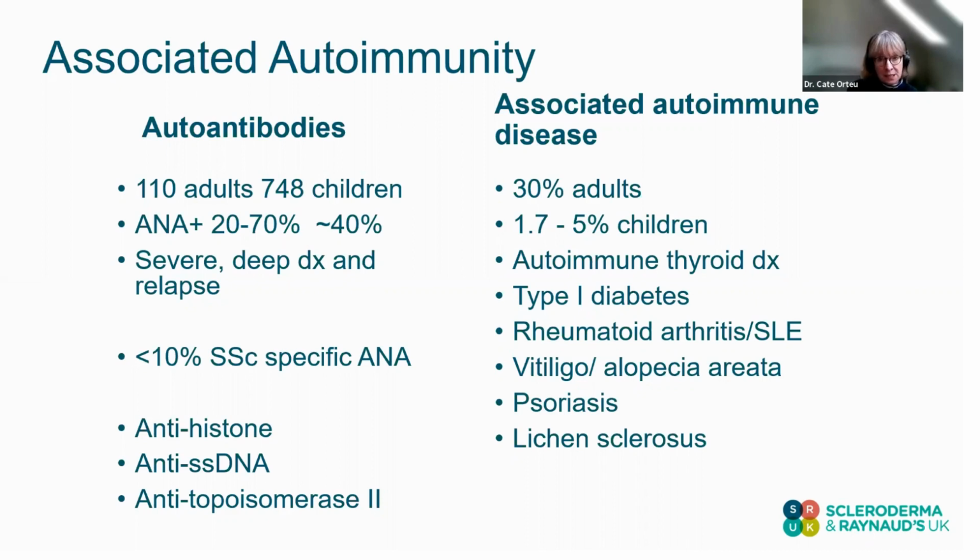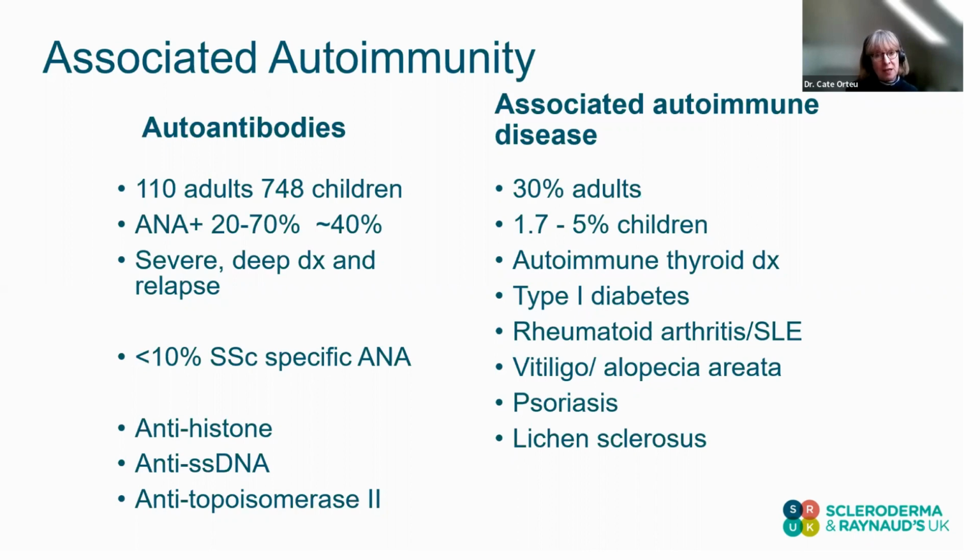So for instance, SCL70 or anti-topoisomerase is associated with severe disease and more likely to be associated with pulmonary fibrosis. RNA polymerase antibodies are more likely to be associated with a higher risk of renal crisis. So there are some well-defined antibodies, and they have associations and prognostic implications.